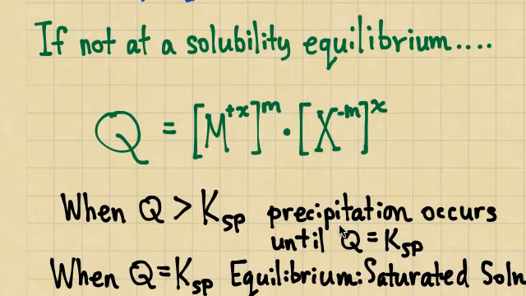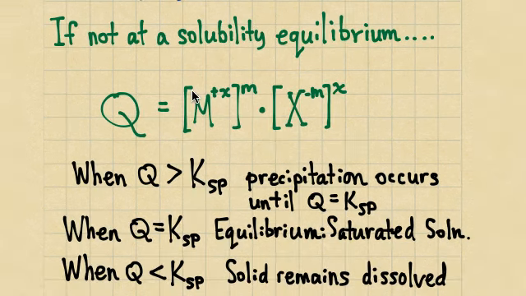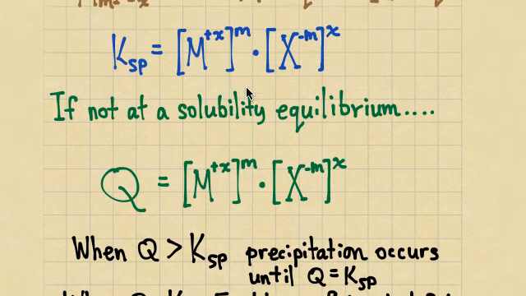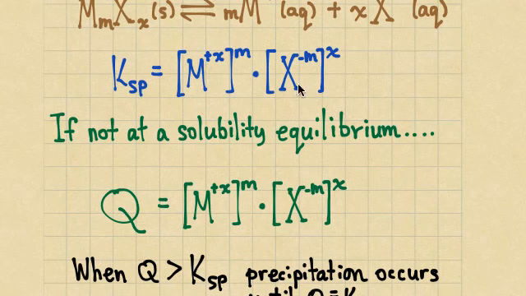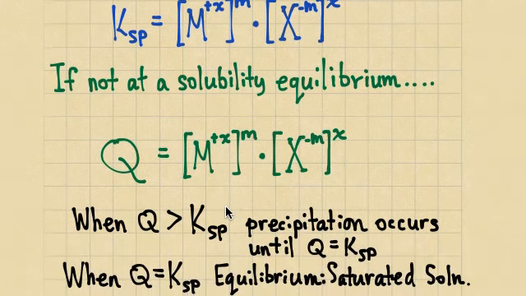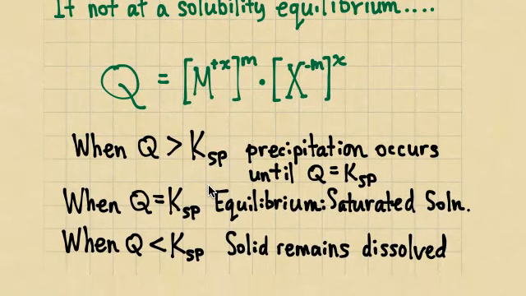If I'm curious as to whether precipitation might happen, I use the same thing as I did earlier, the reaction quotient, except it looks just the same as K. If I'm pouring a certain concentration of this with a certain concentration of this, and I consider my final ending concentrations of the two per the total volume of solution, then I can use the Q again to say, is Q larger than Ksp?